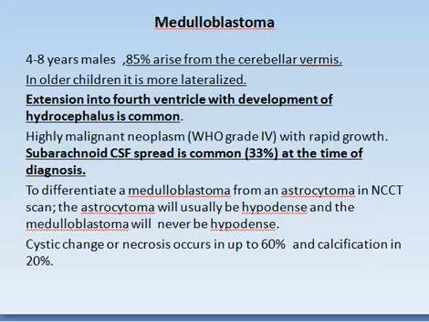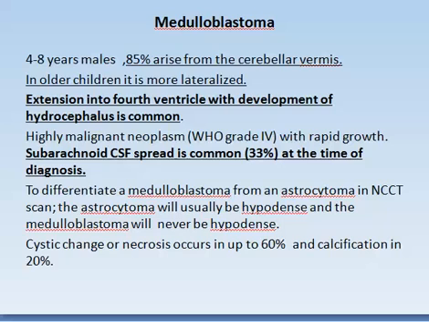It extends into the fourth ventricle with development of hydrocephalus, and this is common. It is a highly malignant, rapidly growing neoplasm, and at the time of diagnosis, more than 1/3 of cases show subarachnoid CSF spread into the spinal canal.